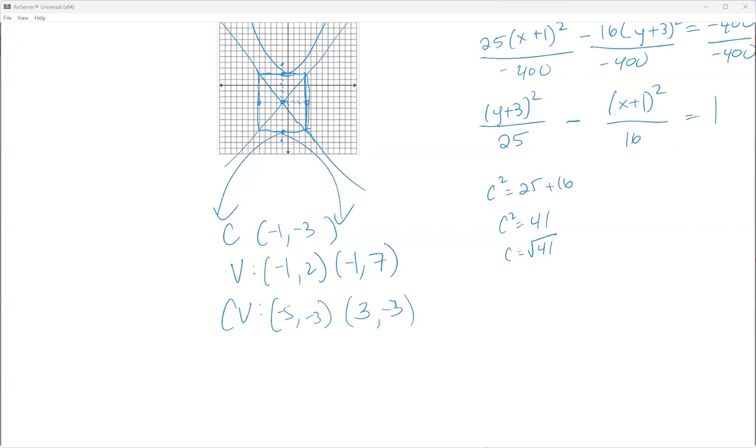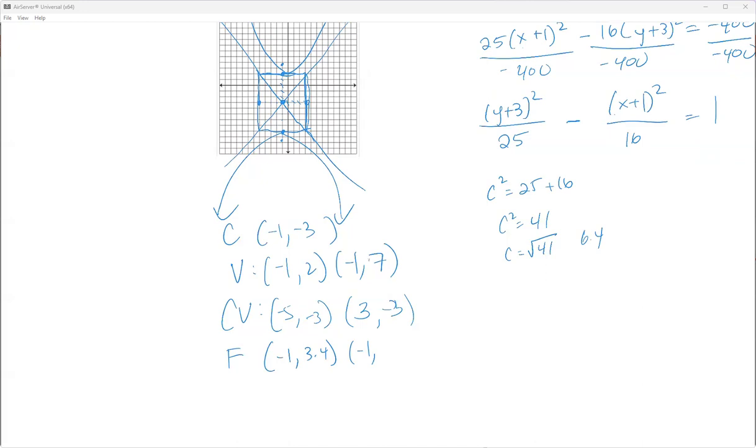And then our focus will be up 1 point. What was the focus again? It was radical 41, which is 6.4. So add 1.4 to the y value. It'd be -1 and 3.4. And -1 and, one second, 3.4.